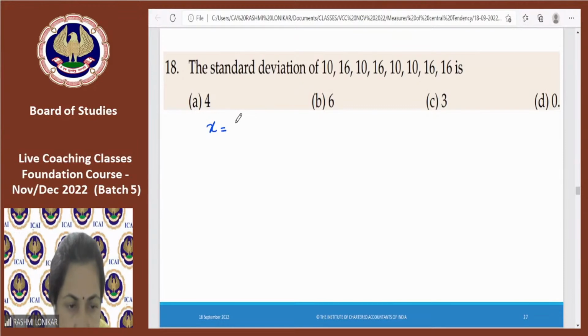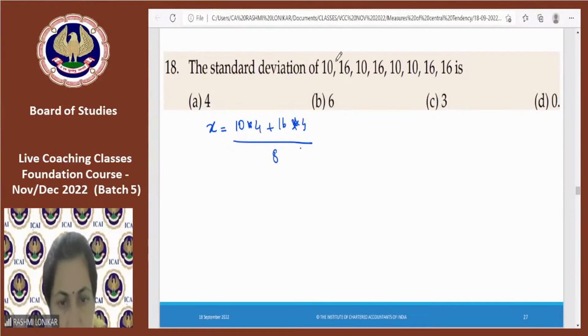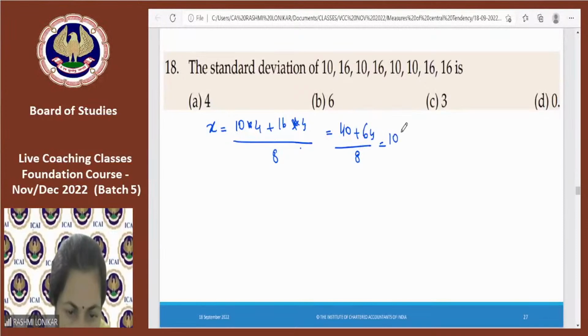Mean is 10 into 4 plus 16 into 4 upon 8. 1, 2, 3, 4, 5, 6, 7, 8. So how much is this? 40 plus 64 upon 8, which is equal to 104 upon 8. 104 upon 8 is 13.